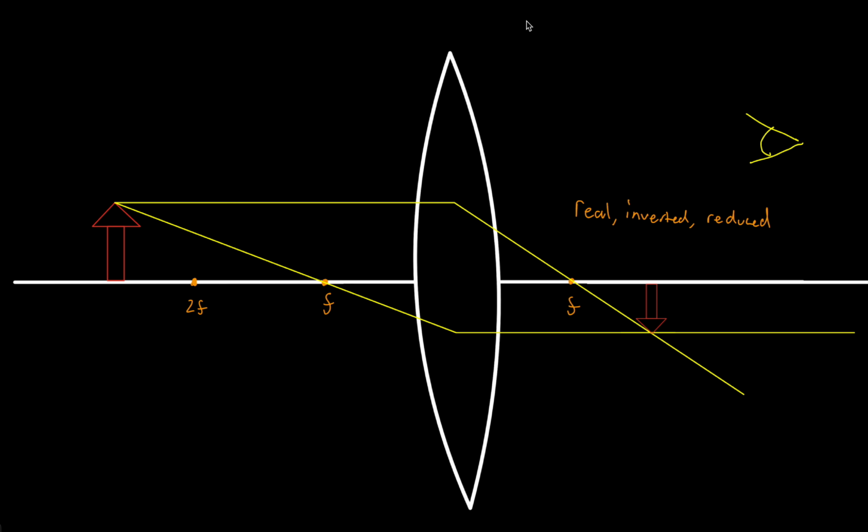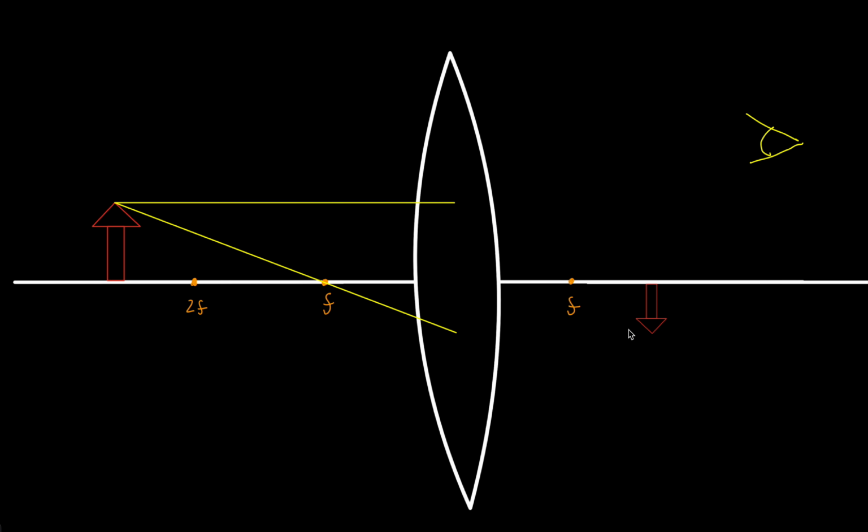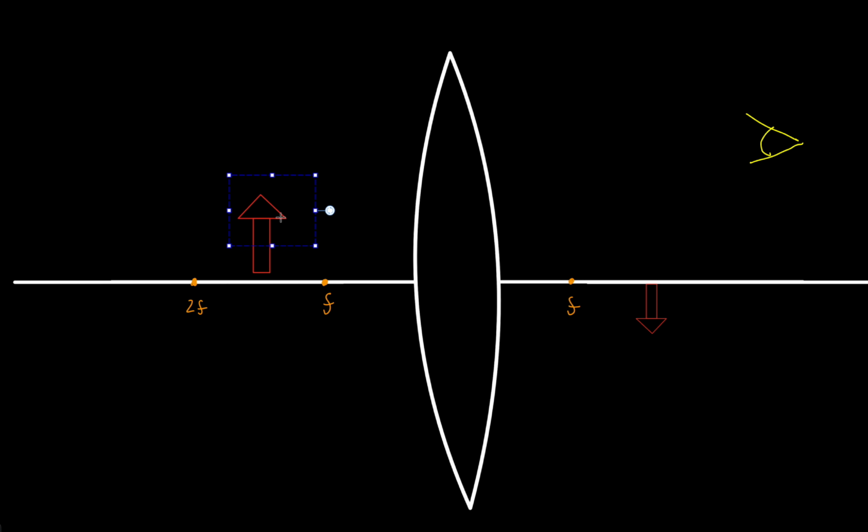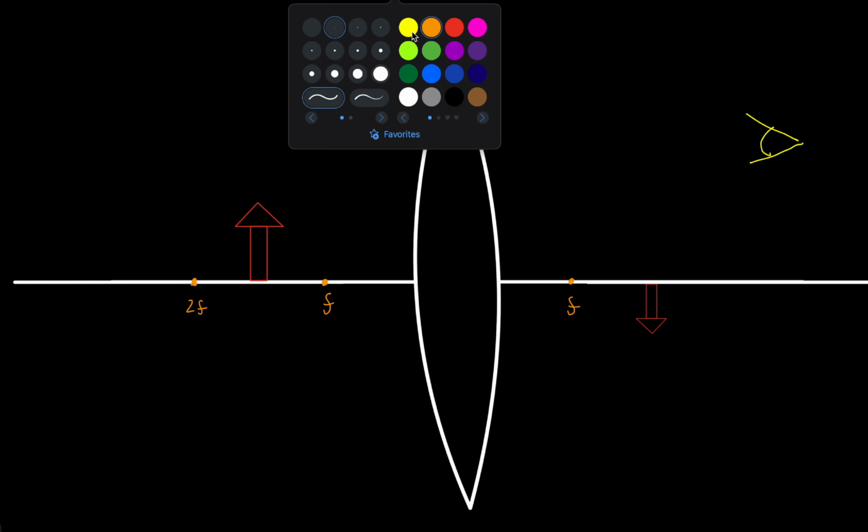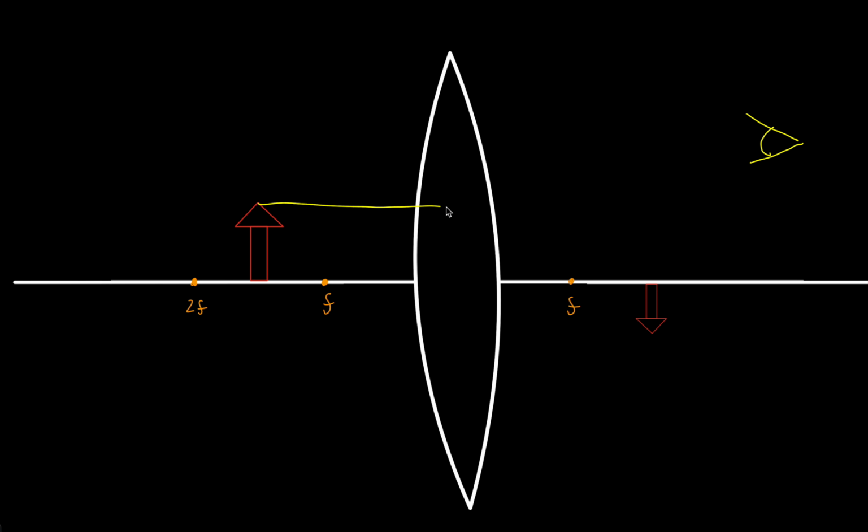Now that we have that down, let's try moving our image a little bit closer. Let's say we put it between two focal lengths and our regular focal length. Same thing with our ray diagrams, just drawn from the top, going parallel until we get to our converging lens, then going through our focal length over here.